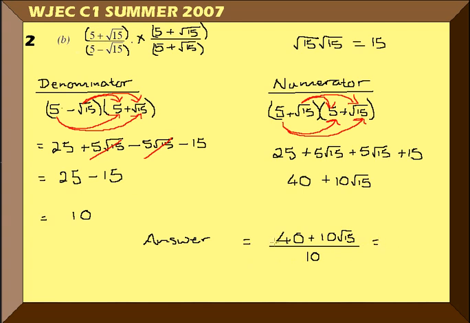You see, there is a common factor of 10, in which case we can cancel down. So if we take out the common factor of 10, then we've got 10 times 4 plus root 15 on the numerator, and the 10 on the denominator will cancel out, leaving us with a final answer for full marks of 4 plus the square root of 15.